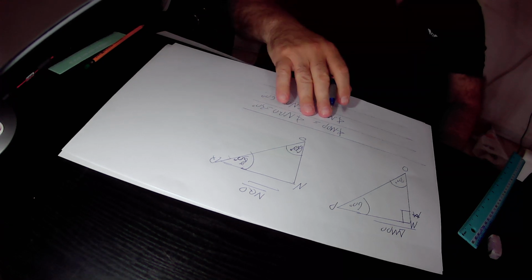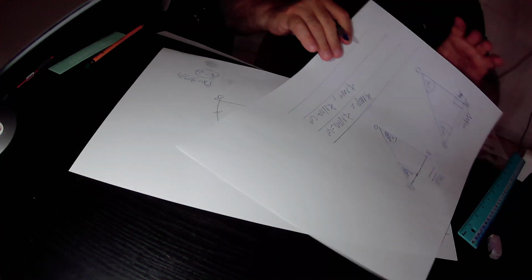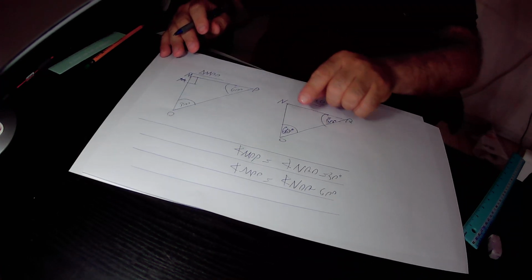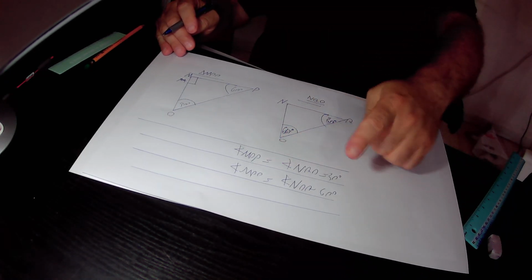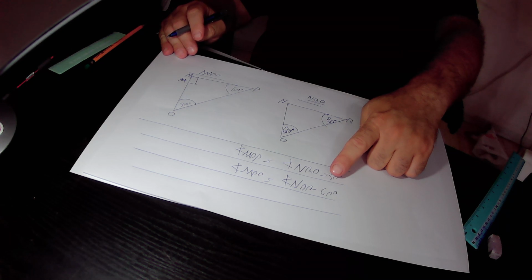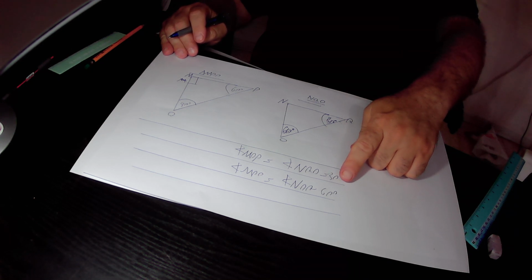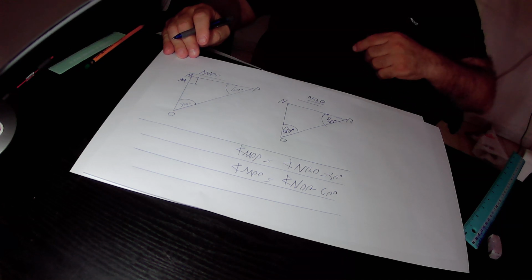So repeat again: angle MPO in the right triangle MPO equals angle NOQ in the right triangle NQO. They are both equal to 60 degrees, therefore they are equal to each other.